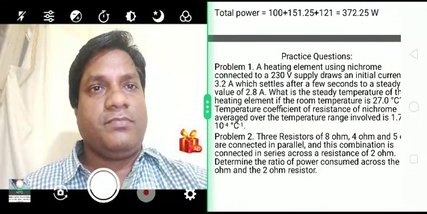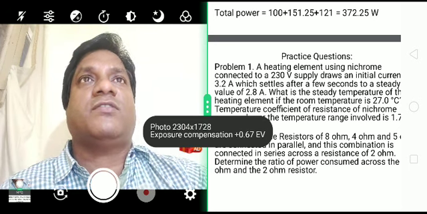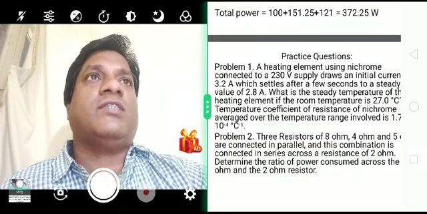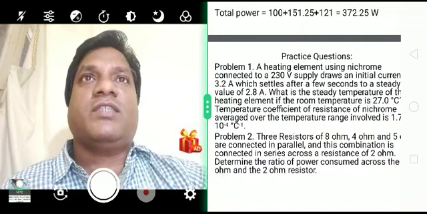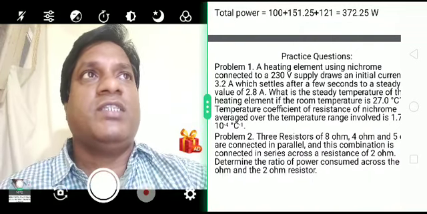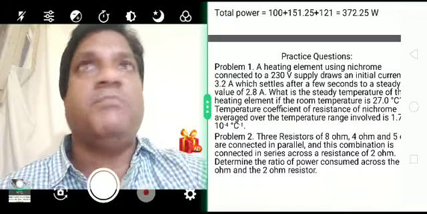So here are some practice questions for you. The first problem is: a heating element using nichrome connected to a 230 volt supply draws an initial current of 3.2 ampere, which settles after a few seconds to a steady value of 2.8 ampere.